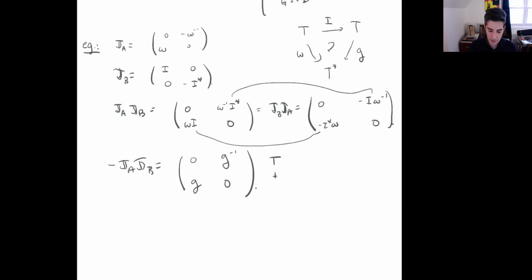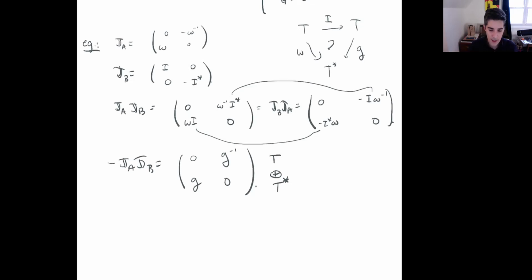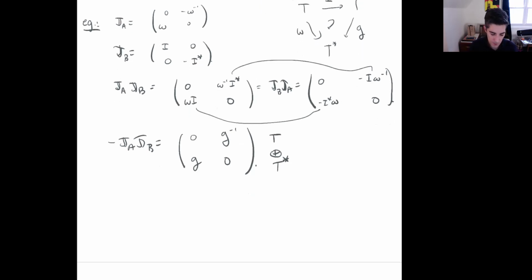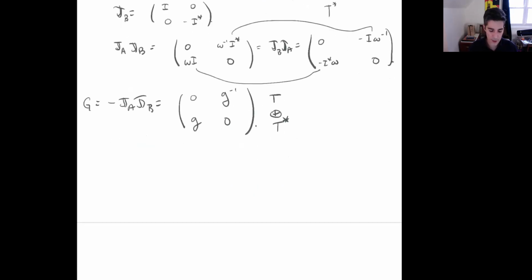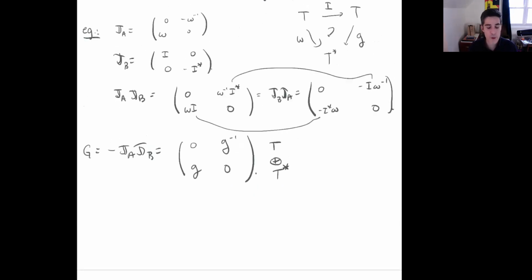So as a map from T plus T star, this operator just takes T to T star, and it takes T star to T exactly by the inverse transformation. And so this thing squares to plus 1. And so we get this operator which captures the Kähler metric.